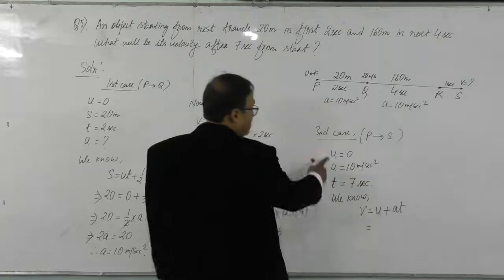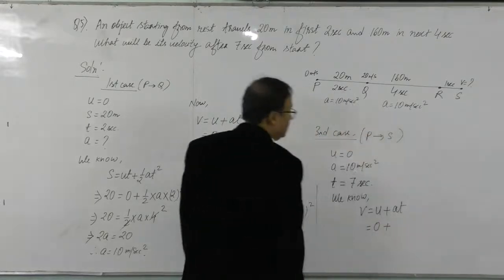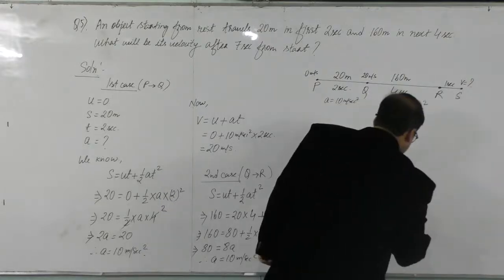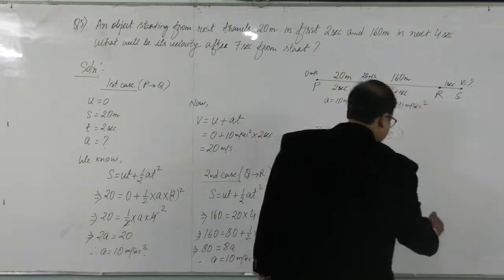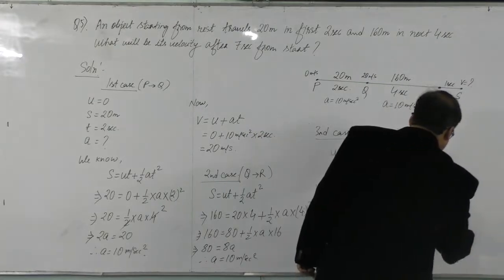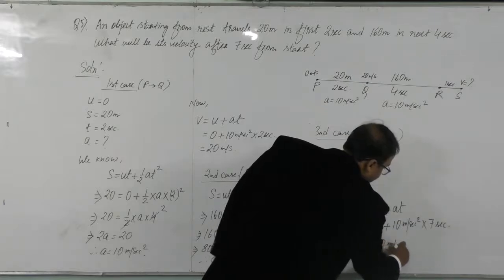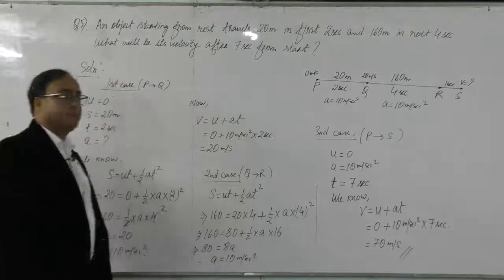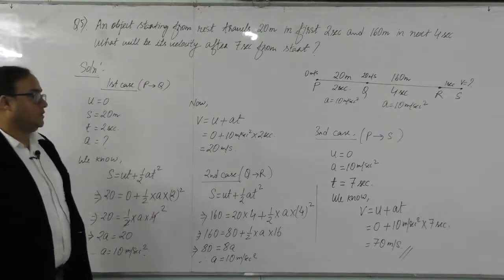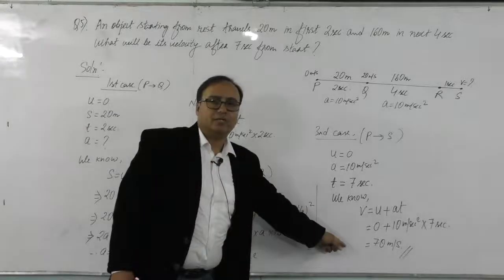The value of U, the initial velocity, is given, it is 0, plus A into T. The value of A is 10 meter per second square and T is 7 seconds. So it will be 70 meter per second. So we got the solution. Final velocity after 7 seconds from the start will be 70 meter per second.